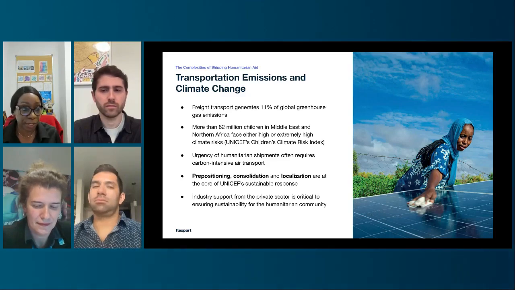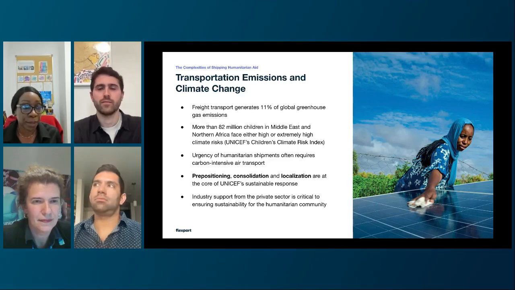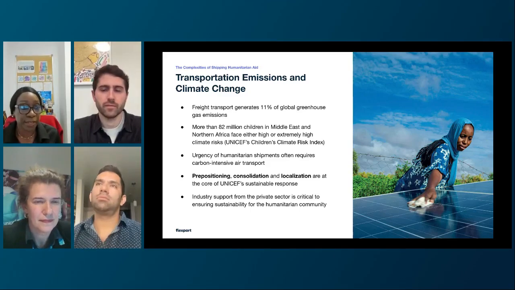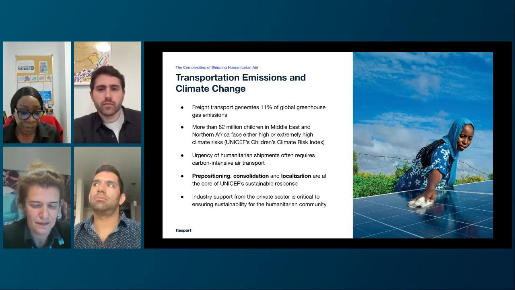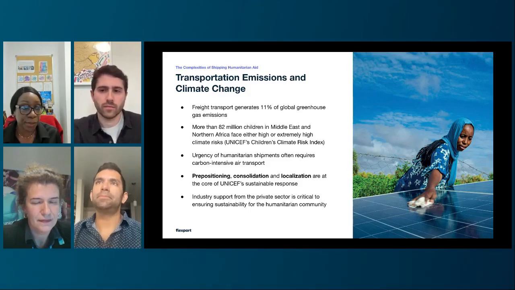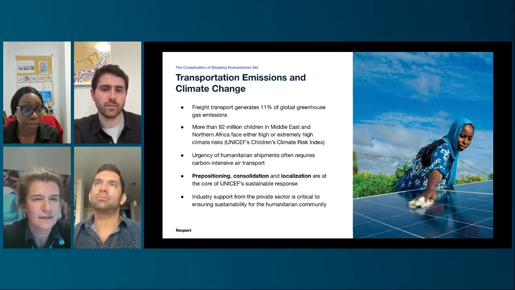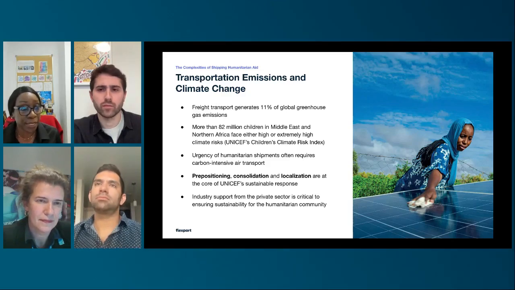So very much living the localization strategy, trying to secure supplies locally, regionally, in markets that are closer to our beneficiaries, and planning ahead as much as possible to consolidate shipments. We have regional hubs. We're setting up regional hubs really to enable that faster access. We have a regional hub in Jordan now, and of course, we have the global hub in Dubai, really just to bring supplies closer. And of course, the sustainability roadmap, which includes, for example, guidance on packaging.